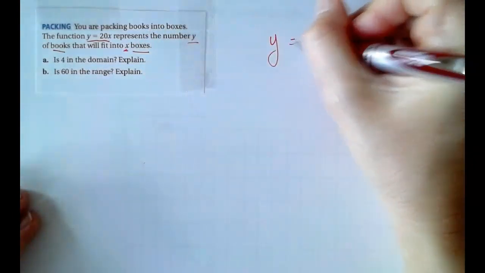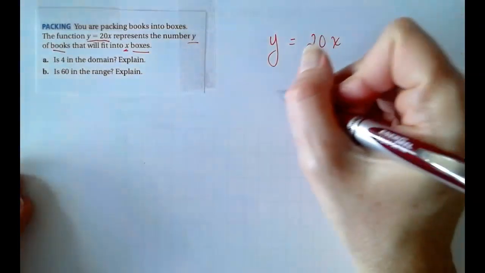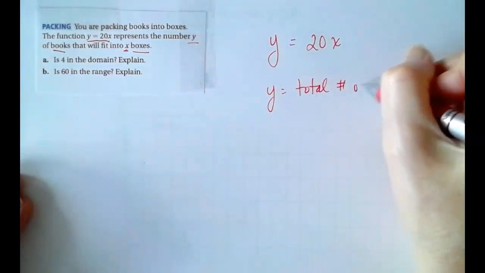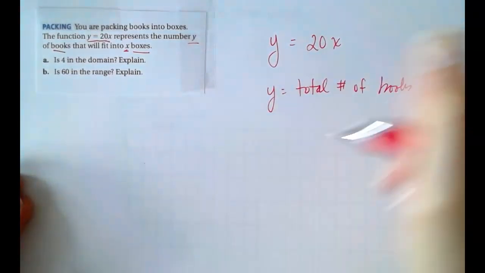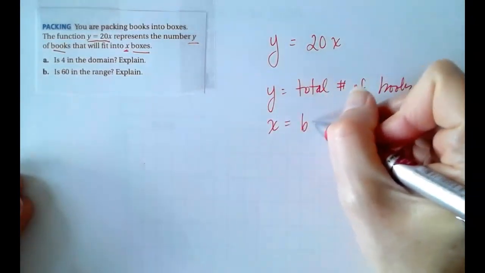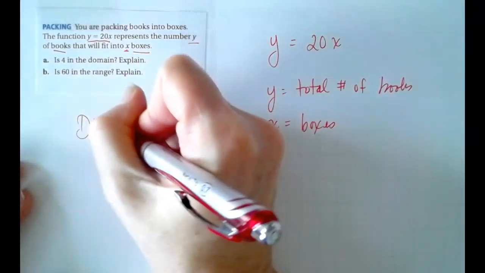So if y equals 20x, and we are saying that y equals the total number of books, and those books are going into x number of boxes. So first of all, are we going to chop a book in half? No. Are we going to pack half a book or a third of a book? No. This is going to be a discrete function.